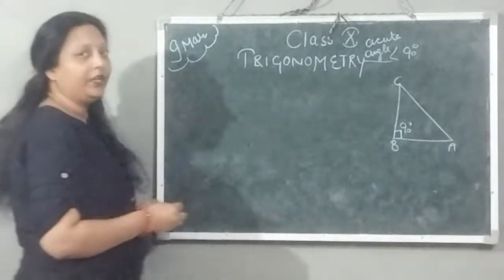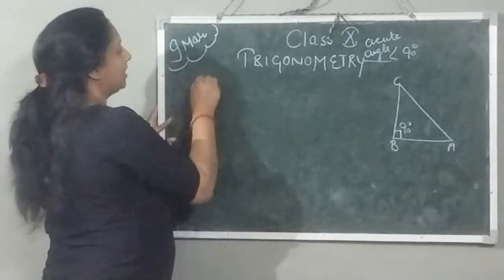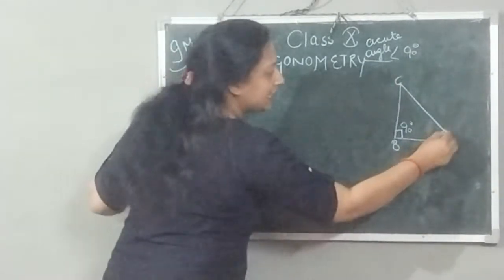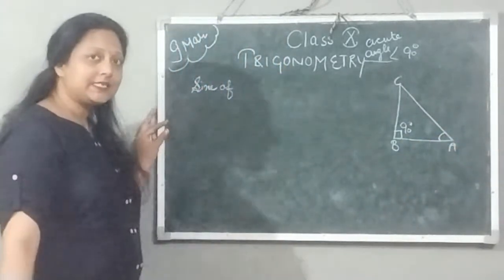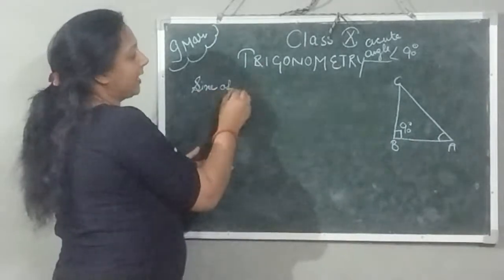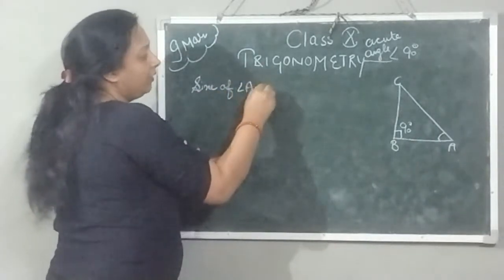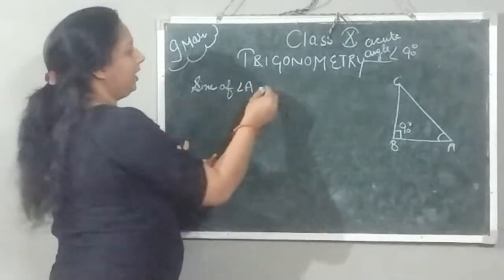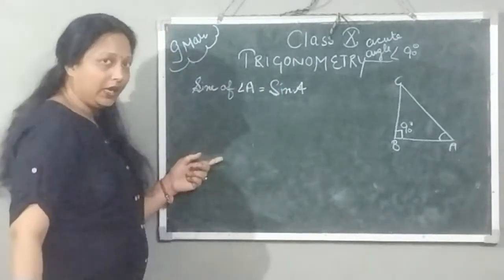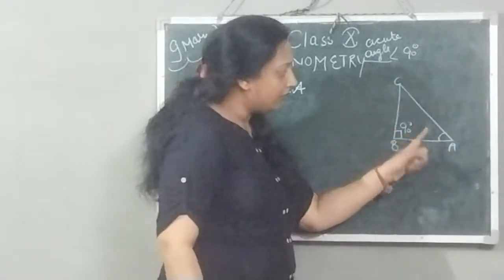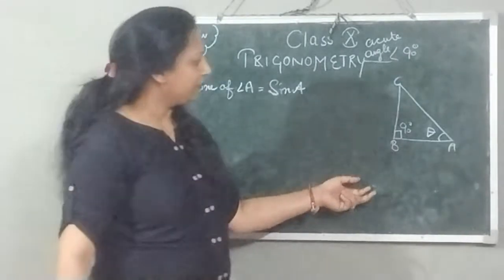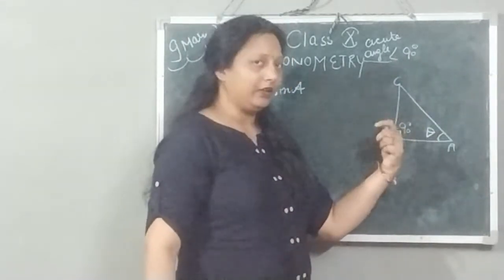In the trigonometry, we have some values like sine of, if this is an angle A. So if we want to find out the value of sine of angle A, we can write it like sine A. If I give it the name theta, you can give any name, but I take theta here.